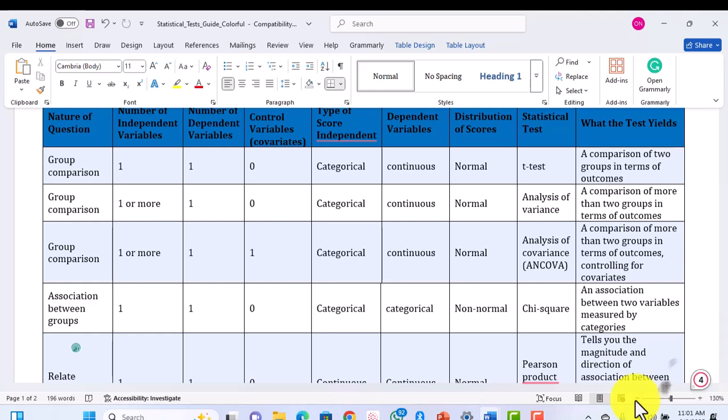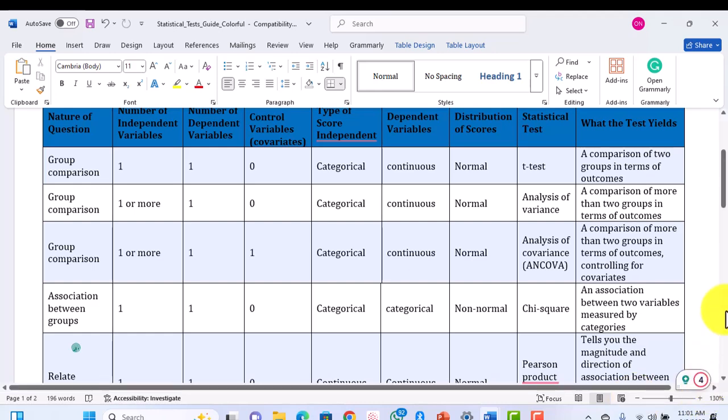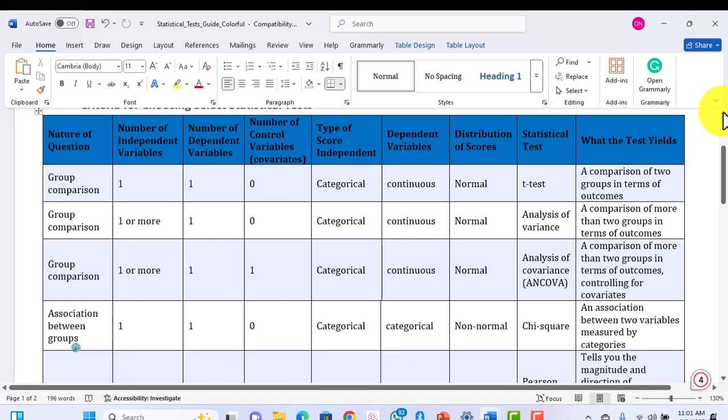Then the number of dependent variable, when it is 1, you don't have any control variable in this instance. And the type of independent variable is categorical. There is another video on types of variable. Categorical variable, that means it's just a label.